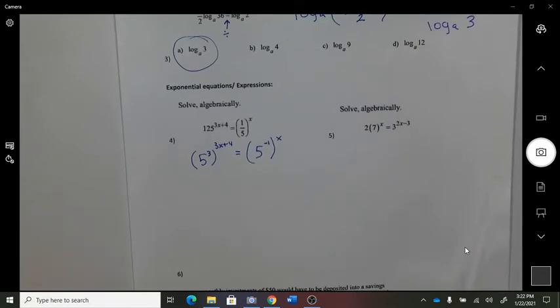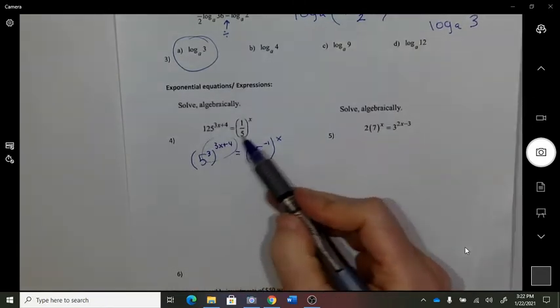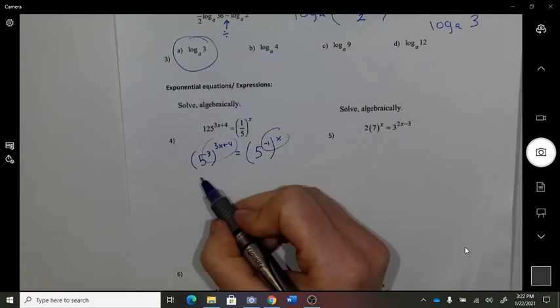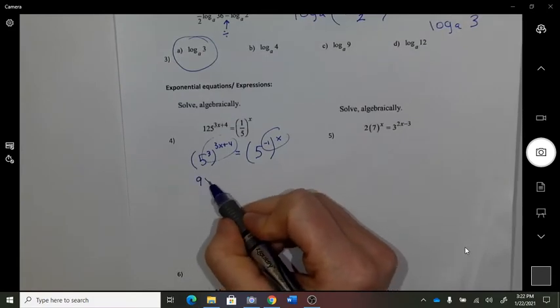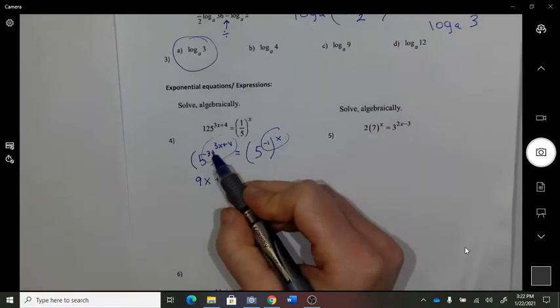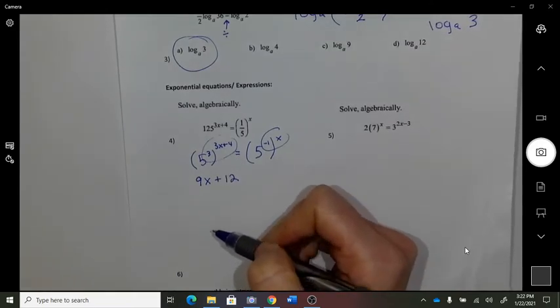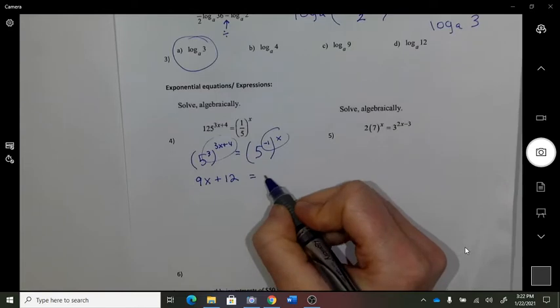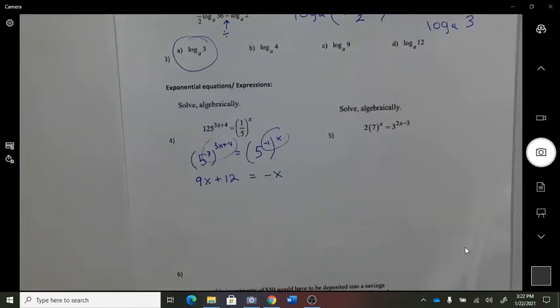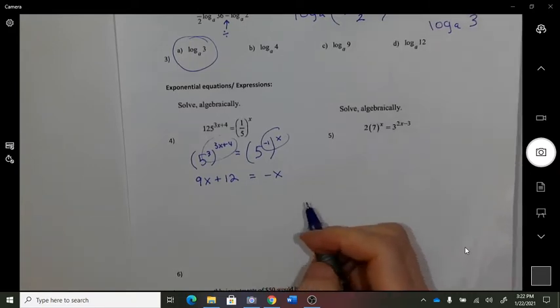So now that I have the bases the same, I have to make sure the exponents are the same. So 9x plus 12, when I FOIL that through, or distribute it through, 9x plus 12 is equal to negative x. Okay, so I need to collect x's and numbers.